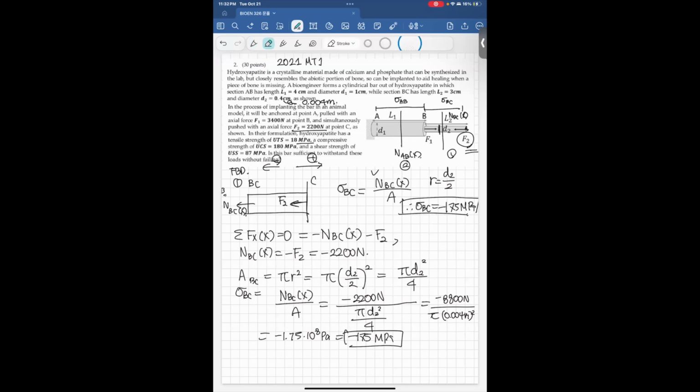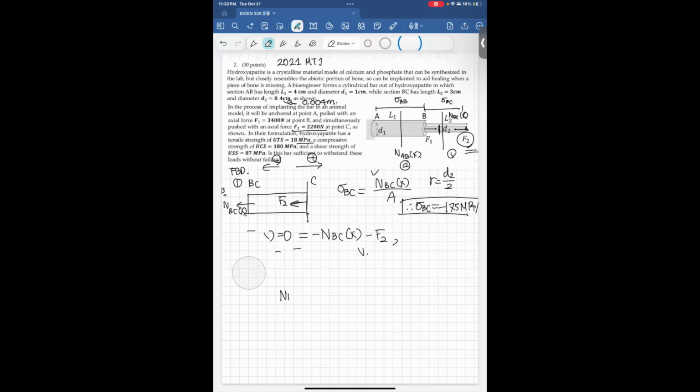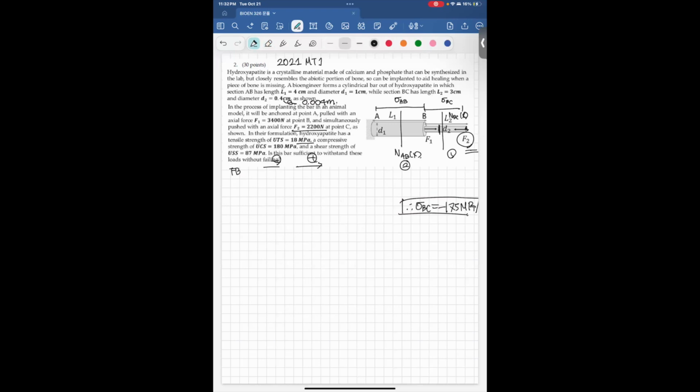Now, I'm going to delete this and let's look at the different part, which is segment AB. Similarly, we are going to draw a free body diagram for AB, where we want to know the internal load of AB. We can write that by having F1 and F2 over here.